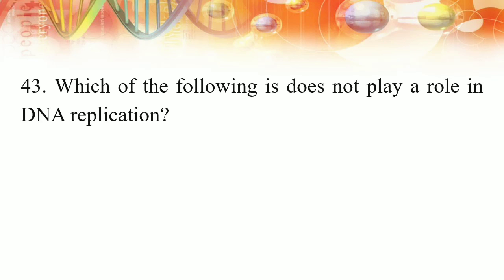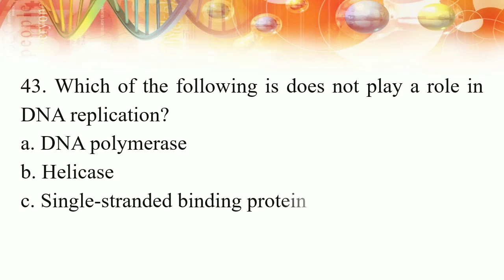43. Which of the following does not play a role in DNA replication? A. DNA polymerase, B. Helicase, C. Single-stranded binding protein, D. Guanyl transferase. DNA polymerase is responsible for the process of DNA replication, during which a double-stranded DNA molecule is copied into two identical DNA molecules.